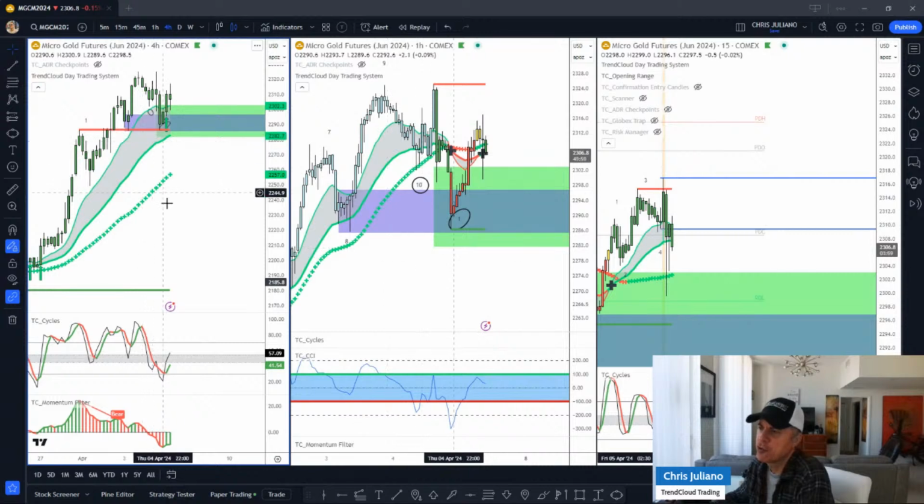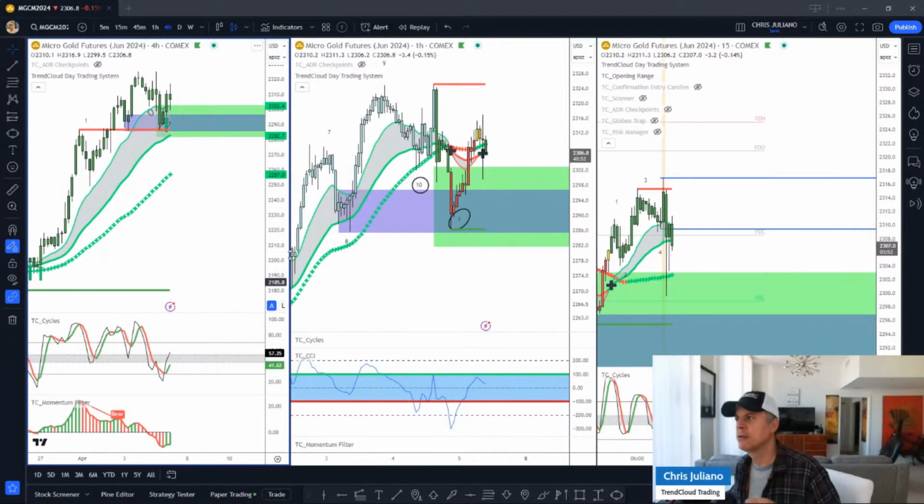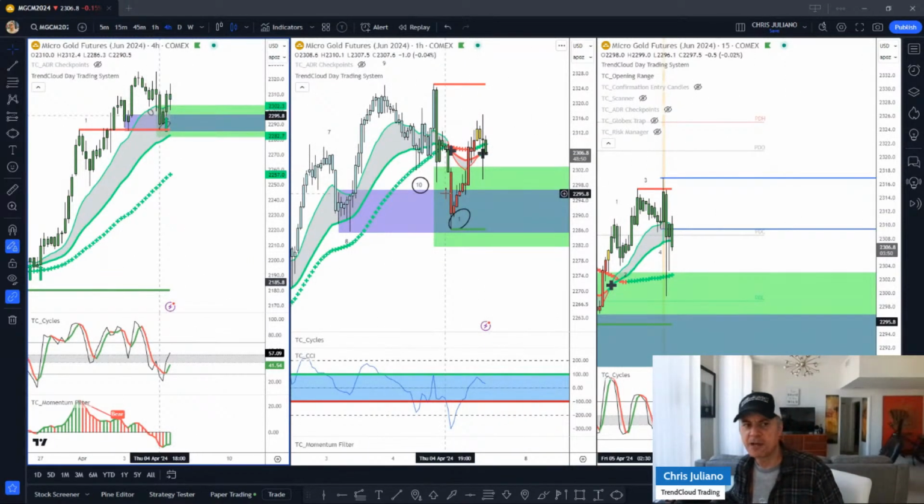High time frame uptrend, cycling up, momentum is up. Recalculation of the middle time frame trend, right? So this is a really good lesson. Go back, make sure you save this episode of TrendCloud Trading Live, because this is a really good example of reading charts across multiple time frames. And this is something that beginners have a lot of difficulty doing.